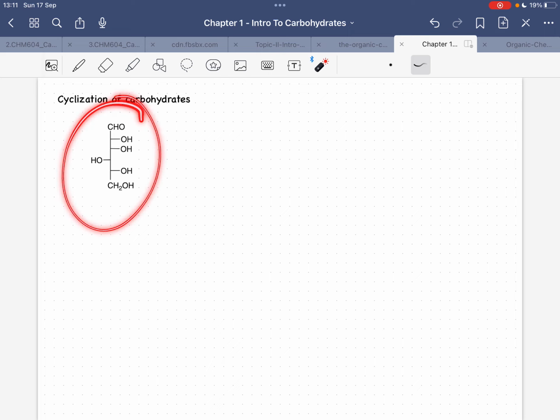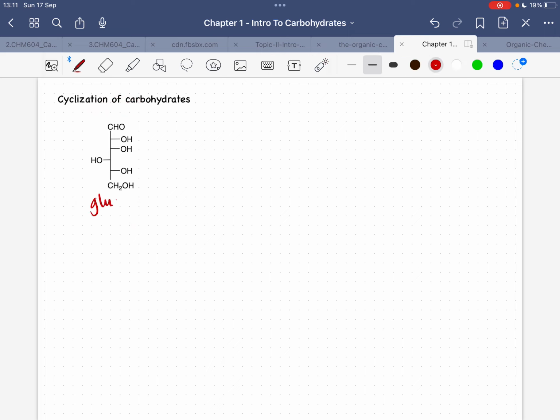So, suppose you have here a glucose molecule, D-glucose, right? If we draw it lying down, like, horizontally. OH, 6, 5, 4, 3, 2, 1.